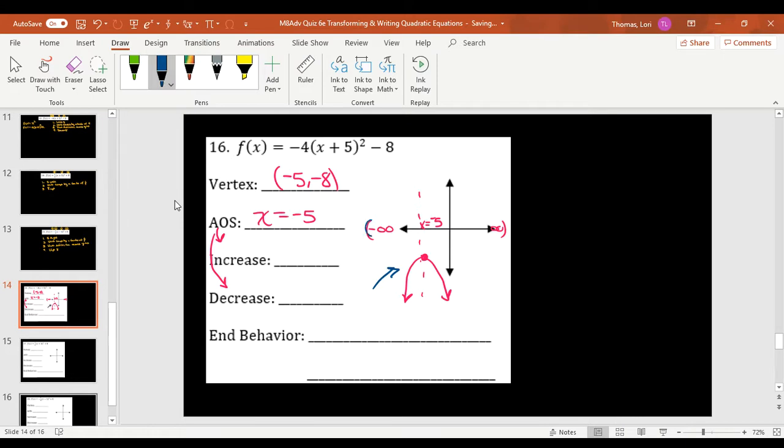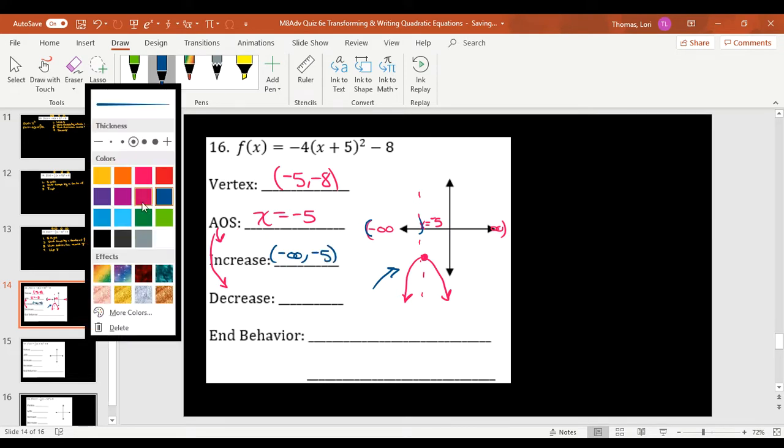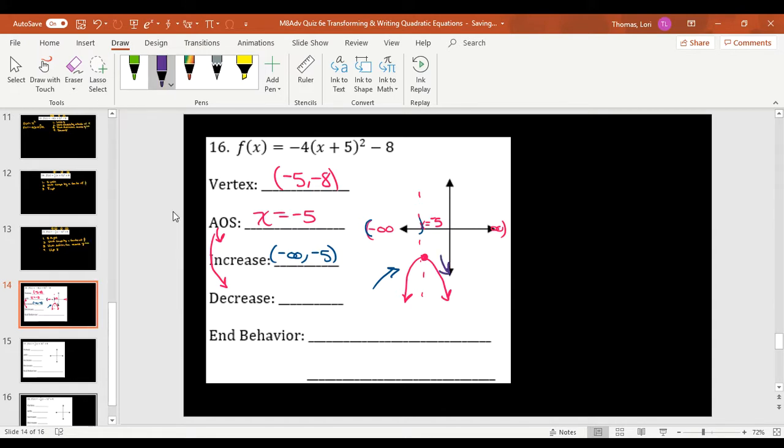So from -infinity up to -5, my graph is increasing. And then my graph is decreasing from -5 to positive infinity.